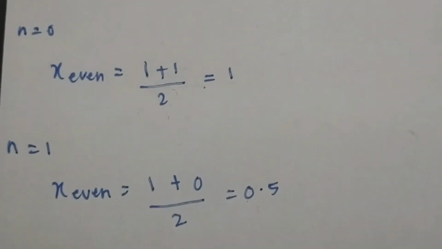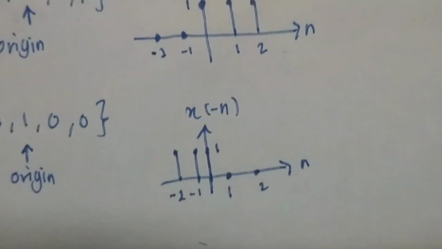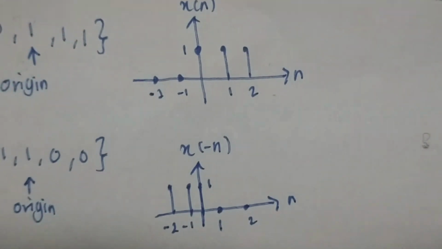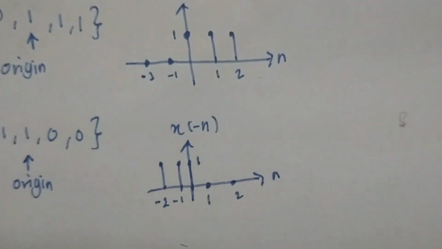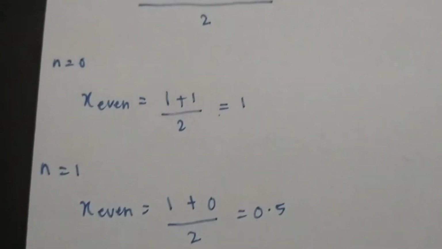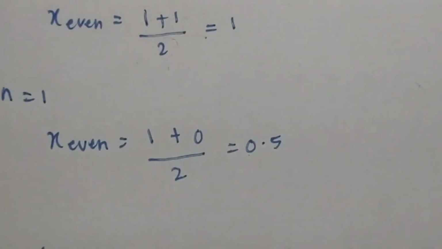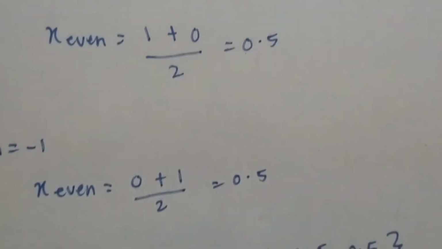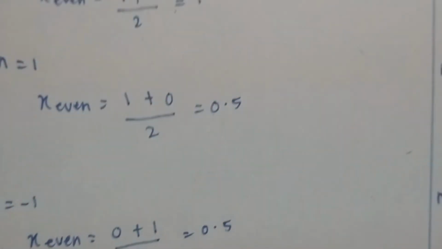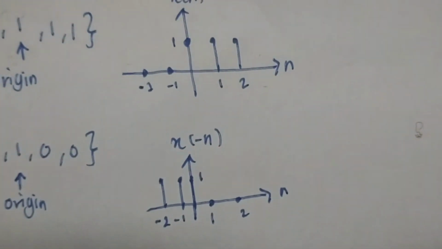For n equal to 1, let's look at the signal. For x[n], the amplitude is 1 and for x[-n], the amplitude is 0. So when we put it into the formula, we got 1 plus 0 divided by 2 and we got 0.5. The same goes for n equal to negative 1.